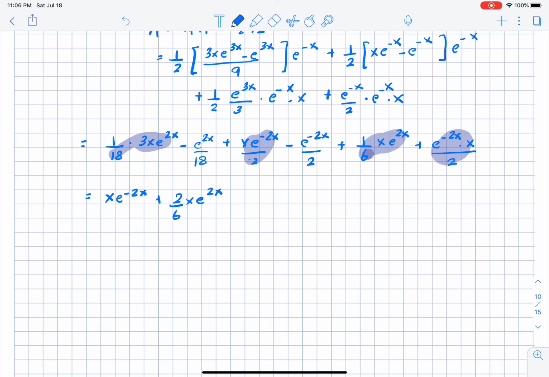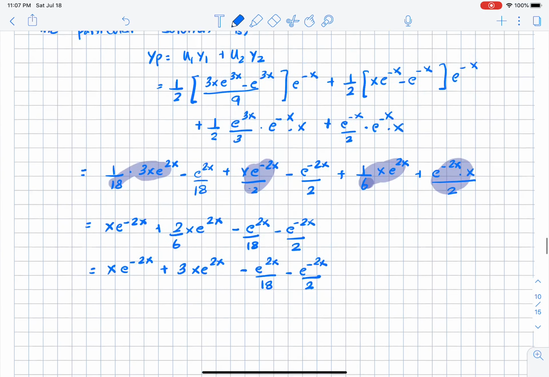And lastly, we can combine the other two terms. I would have minus e^(2x)/18 minus e^(-2x)/2, which would give us x e^(-2x) plus 3x e^(2x). We would leave the rest as is.